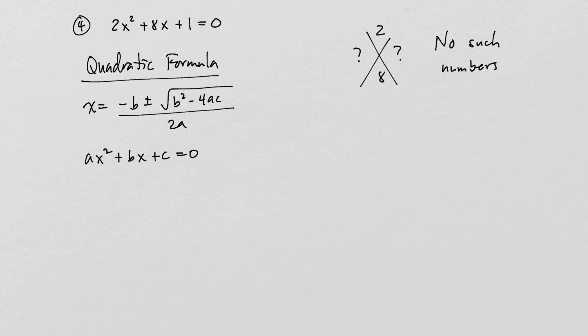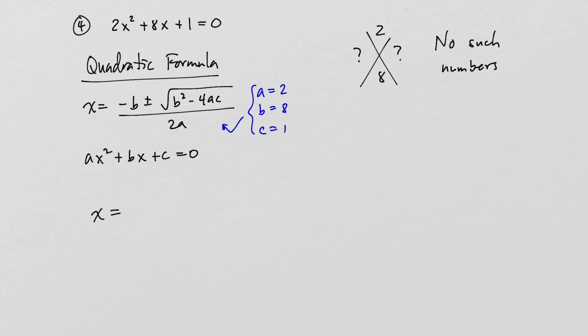So for us, we need to identify a, b, and c, and you can see that in this problem, a is 2, b is 8, and c is 1. So we're going to take those values, and we're going to plug them in to the quadratic formula.